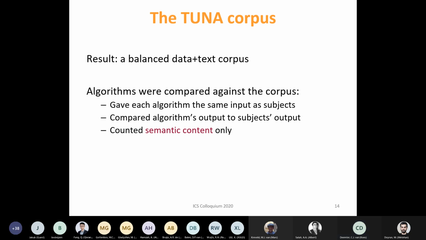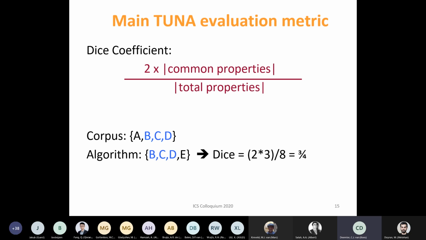Counting semantic content only. Right? We don't want superficial metrics, we want semantic metrics. So here's how that is usually done. Of course, there were a number of metrics that were used, but this one is used most often. You simply compare, let's say, your corpus in a particular point to describe a particular desk in a particular situation.